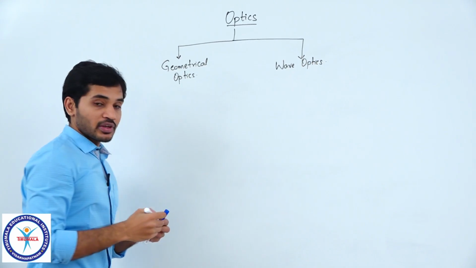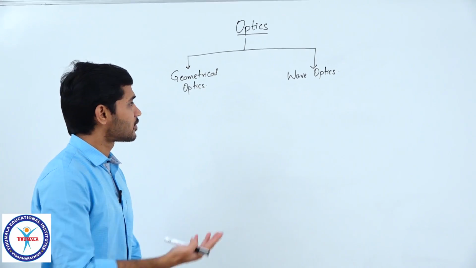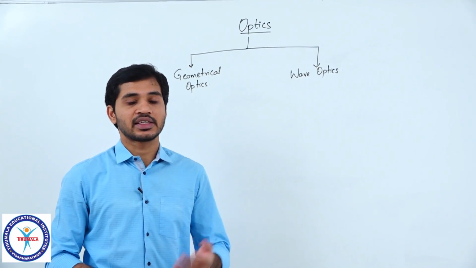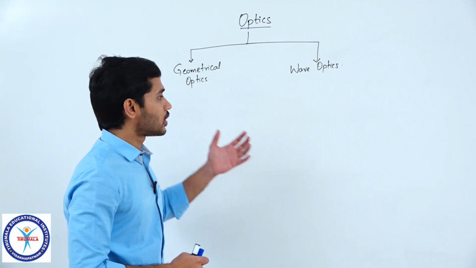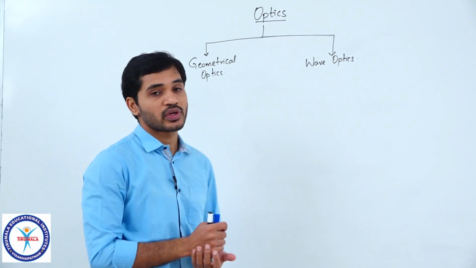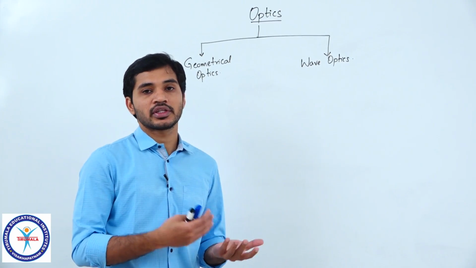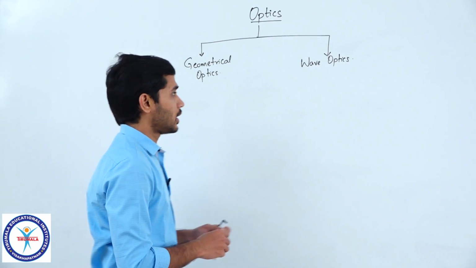Today we will be starting off with geometrical optics. The basic difference between these two is the way we analyze the light. In some cases we will be using geometrical optics to analyze light, and in some cases wave optics would be more appropriate. So, let us see which method would be better to use.